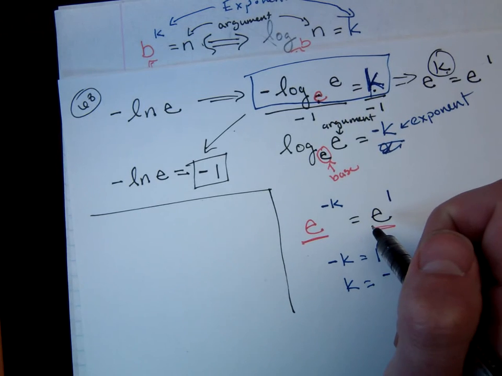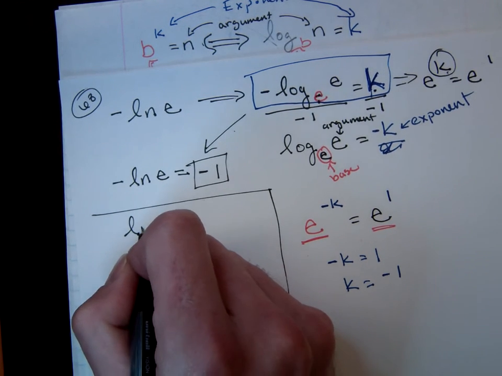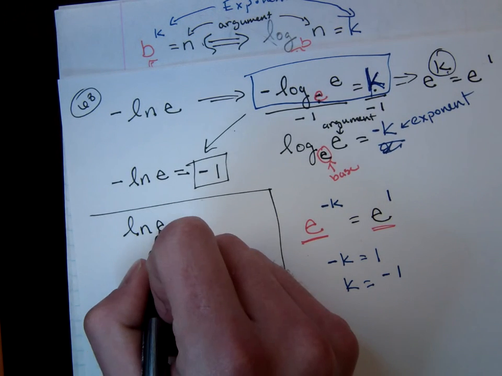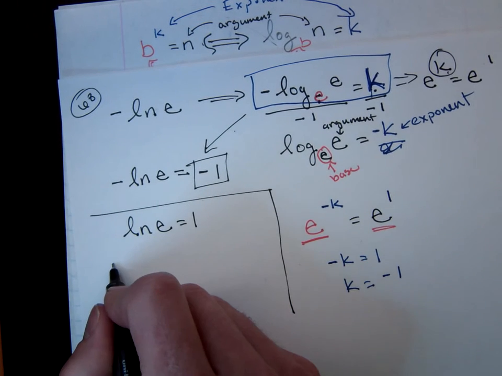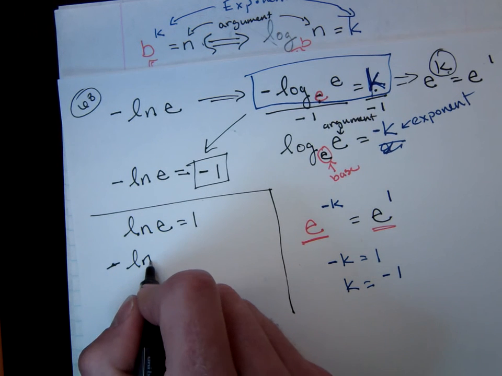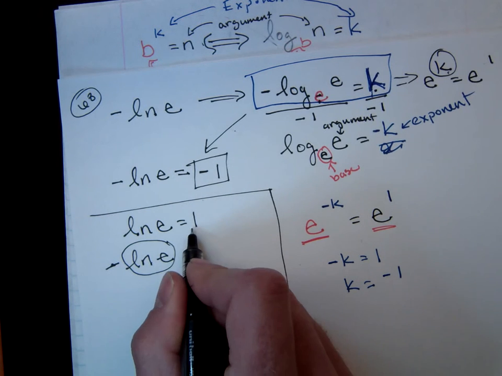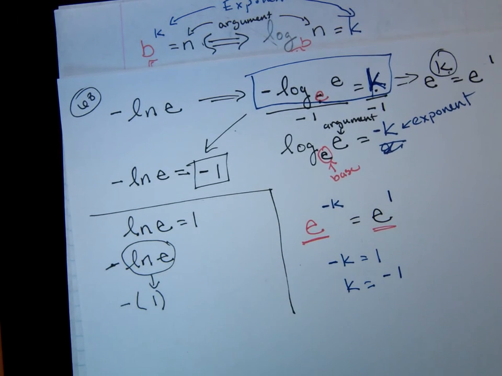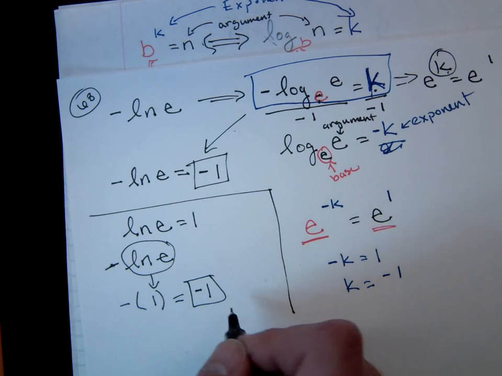This is actually a property of all logs, all natural logs: the natural log of e, the log of its base, is equal to 1. So if we know that, then we can replace log e with 1. We keep the negative out in front, therefore it must equal negative 1.